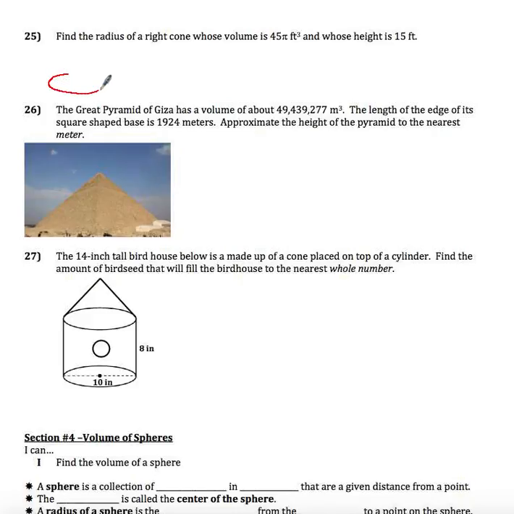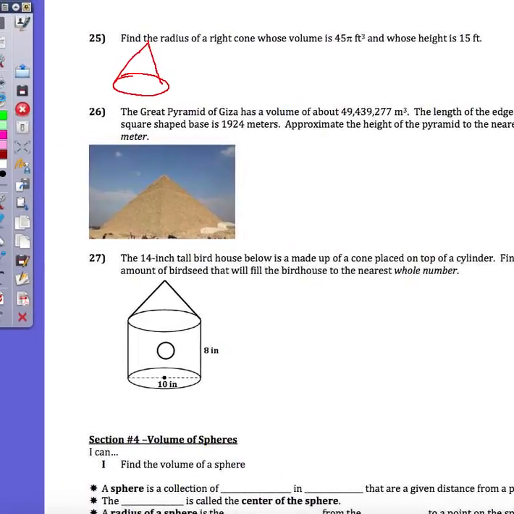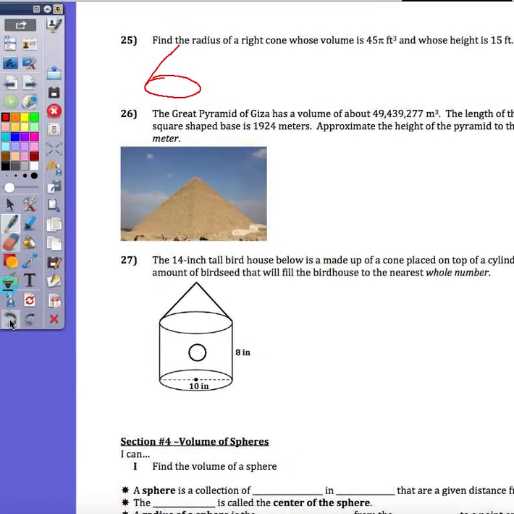It tells us it's a right cone. It tells us that the height is 15, so this is 15, but we don't know what the radius is, so we're going to let radius be r.